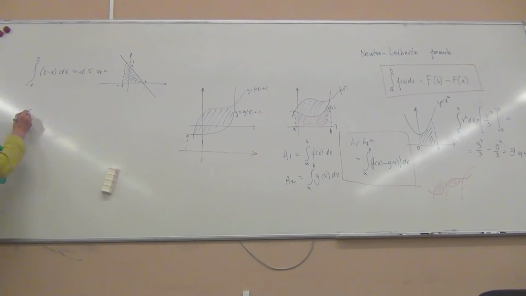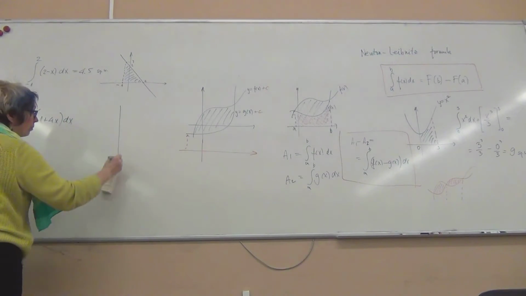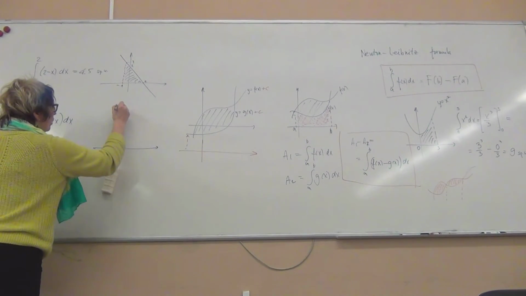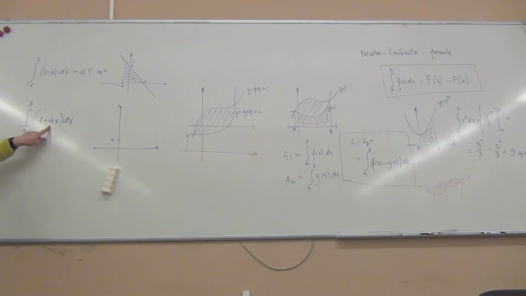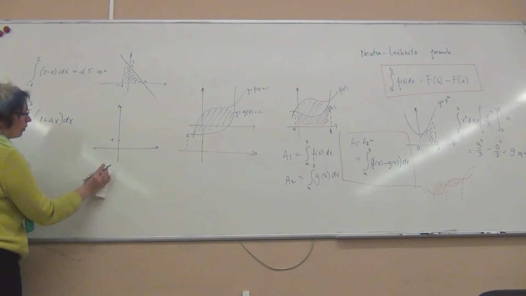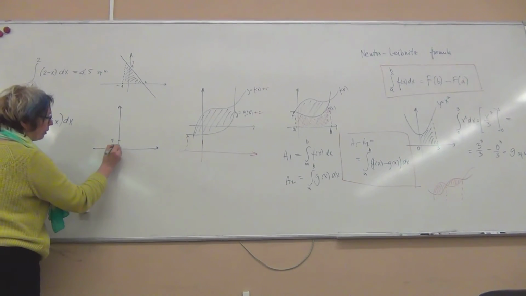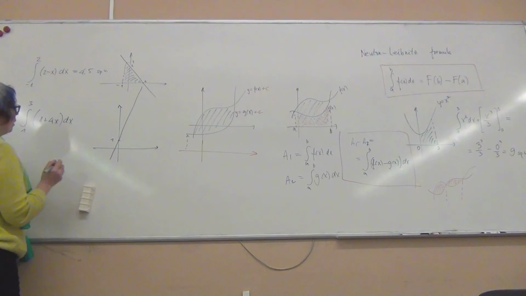The second one, from 1 to 3, of 1 plus 4x dx. 1 plus 4x, so 1, and the gradient is 4, so it's a comparatively steep function, okay?